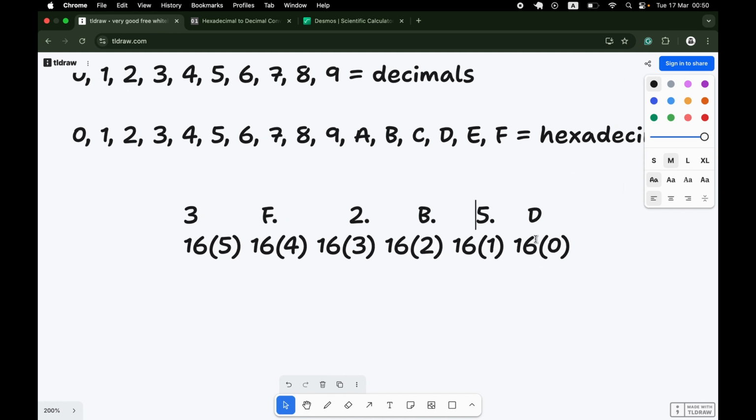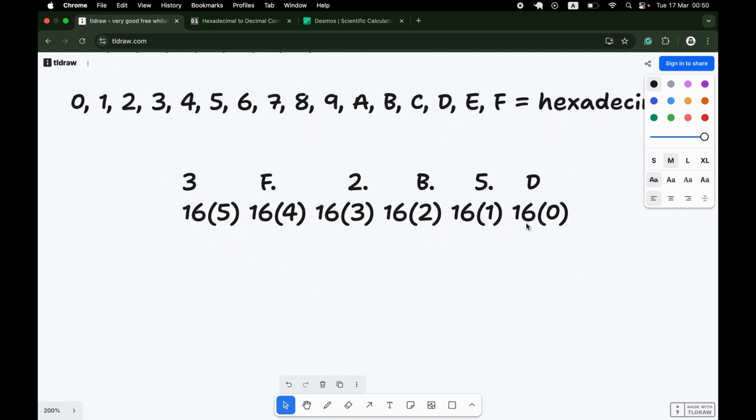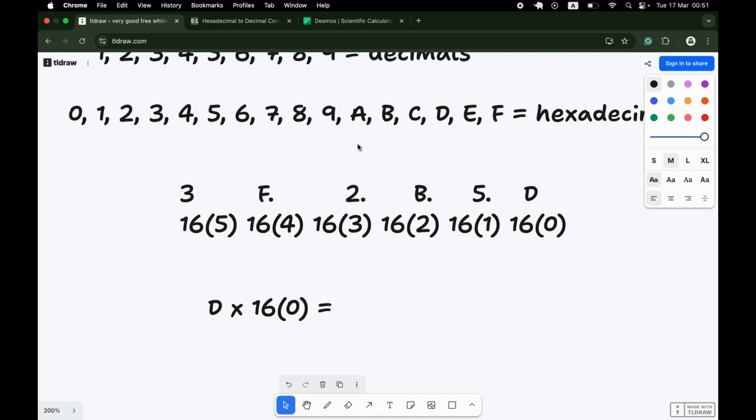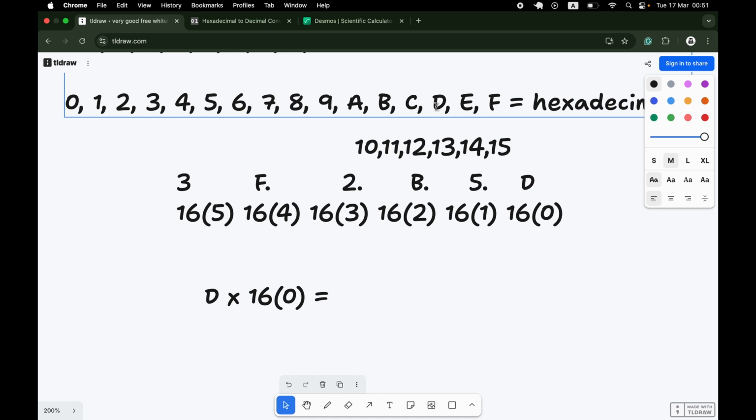For D, we multiply by 16 power 0. What is the value of D? Counting from 10, 11, 12, 13, 14, 15, the value of D is 13.